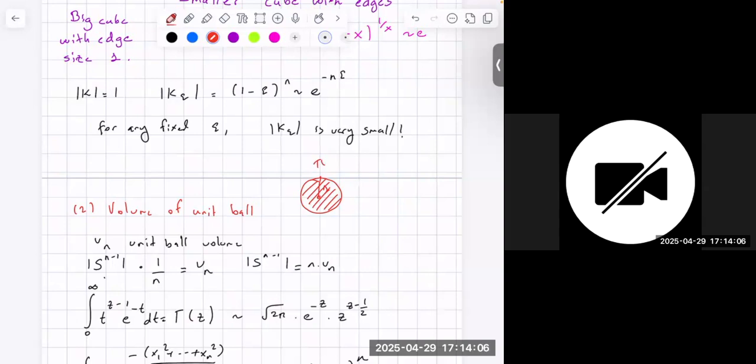So the sphere has a surface area, and in 2D, the circle has a length. The area formula is pi r squared. The length of the circle is 2 pi r. And then what happens is, to go from the surface area to the volume of the unit ball, you divide by n.